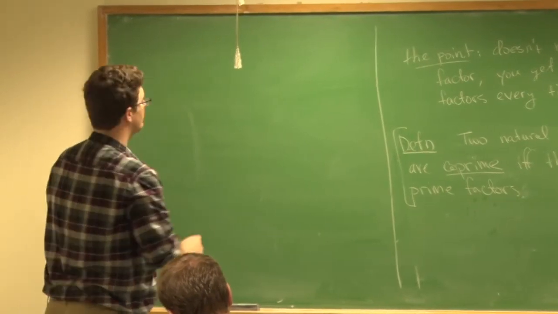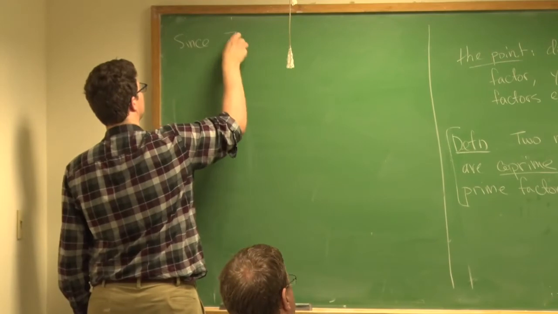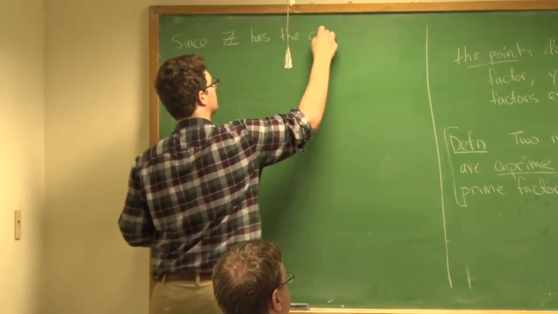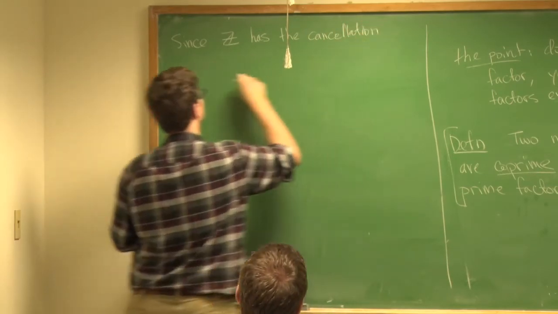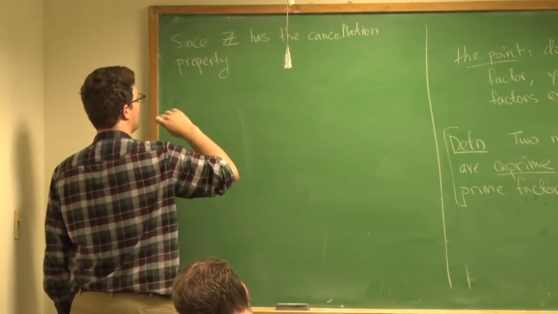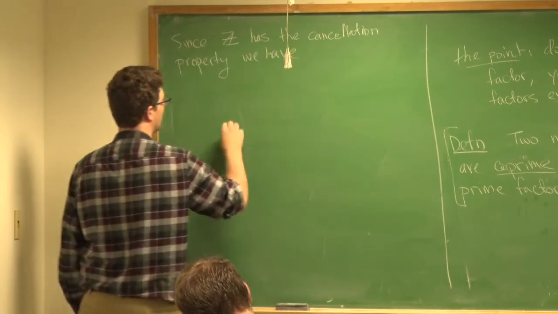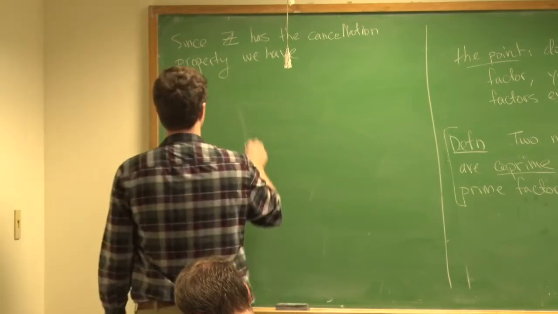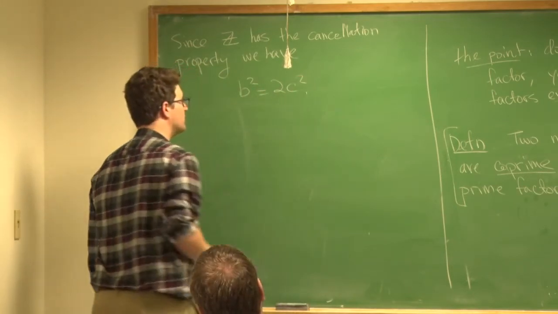So this implies, since Z has the cancellation property, and I'll explain what the cancellation property is again, now I can just cancel the 2's on both sides of that equation. b squared is equal to 2c squared.